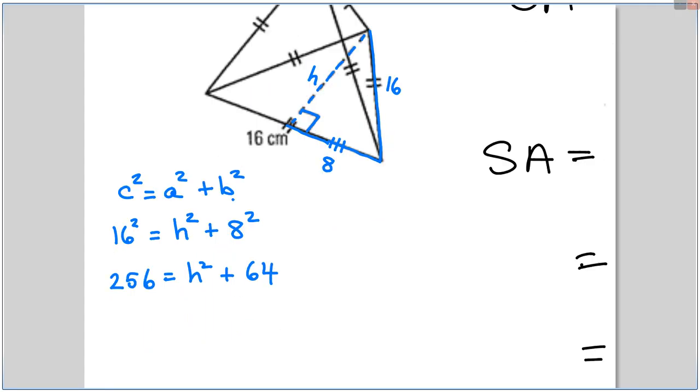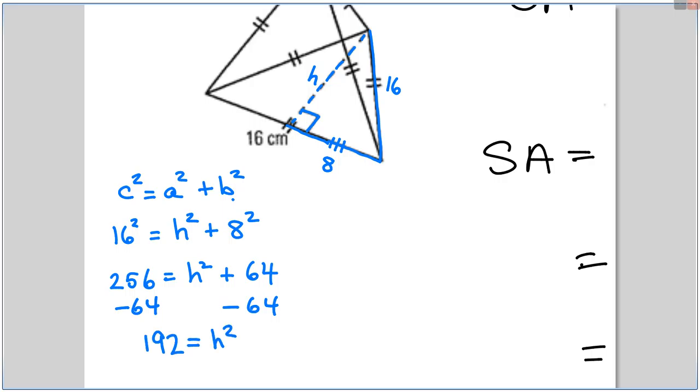How do I solve for this thing? What do I got to do with that 64? Before you square root it, you've got to get that 64 out of the way. Do you guys remember that? So that's 192.